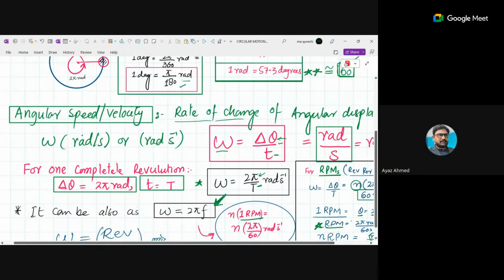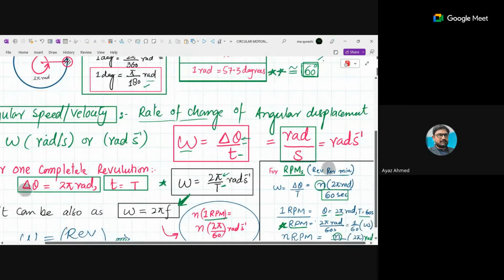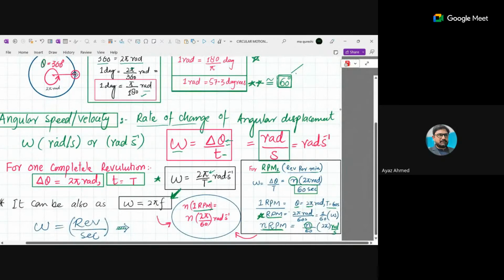Now let's talk about angular velocity or angular speed. As I told you, this topic is actually the kinematics of circular motion. That's why here I'm talking about angular velocity. Angular velocity is basically the rate of change of angular displacement. Here the angular displacement was delta theta and time is t.